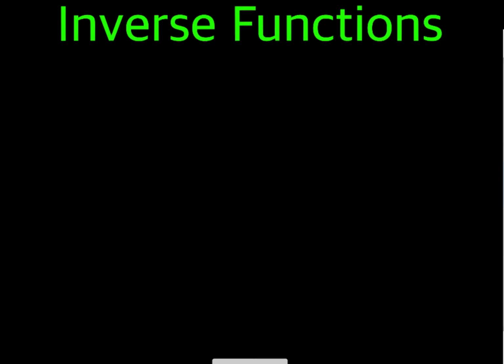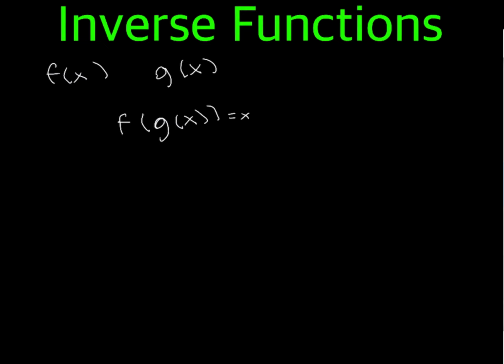Now that we know how to write it, let's talk about the formal definition of an inverse function. So two functions, f of x and g of x, are inverses if and only if f of g of x equals x and g of f of x equals x.